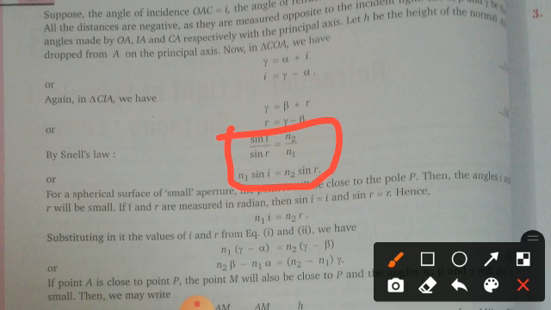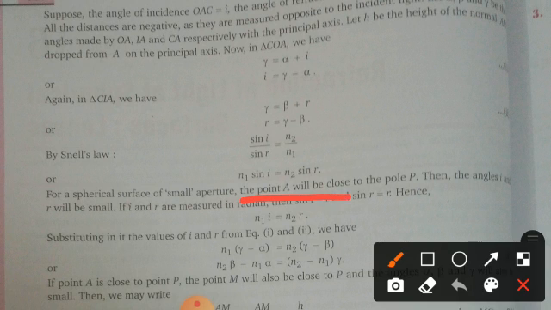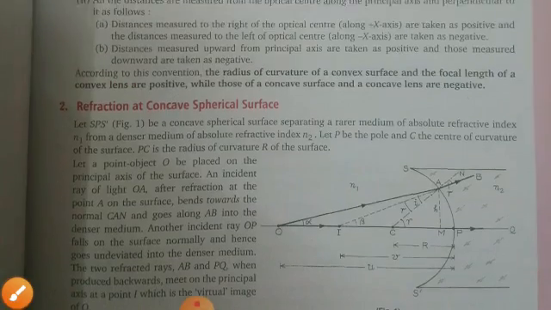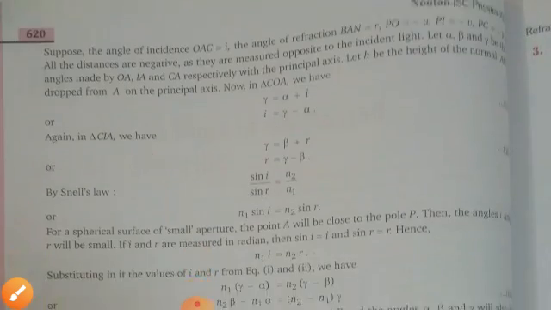For a spherical surface of small aperture, if the aperture is very small, the point A will be close to the pole P. You can see here this is the point A. If the aperture of the lens is very small, this point comes closer to P. What happens in that case?